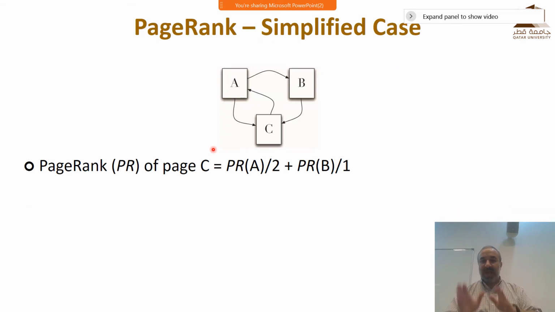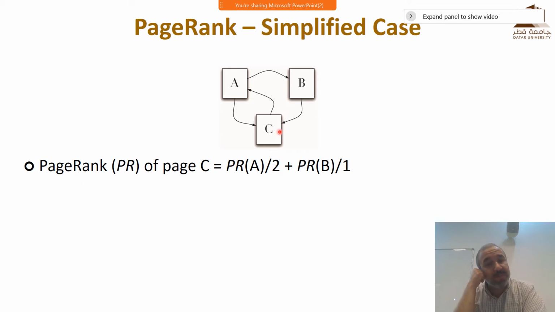Now let's get into more detail into how the PageRank scores are actually computed. Forget for a second about the teleporting case. Let's think about the simplified case when we just go through the links. Assume that we have this simple graph. We have 3 nodes, A, B, and C, and you see the links here.